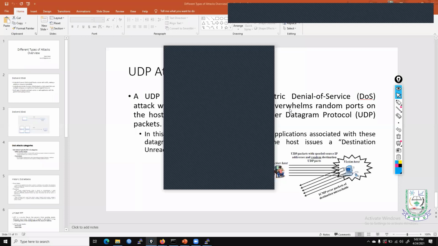That means the port you are trying to access is not reachable, or is inaccessible from the source you are requesting from.